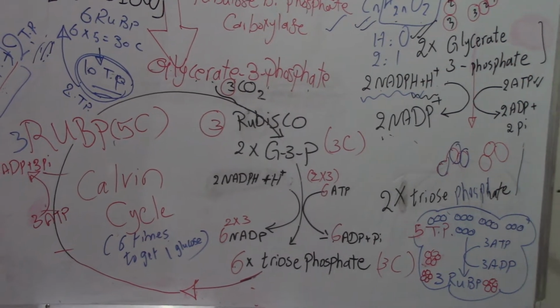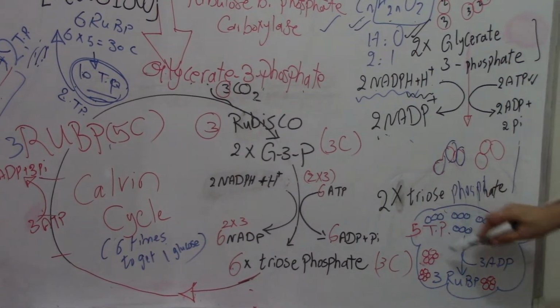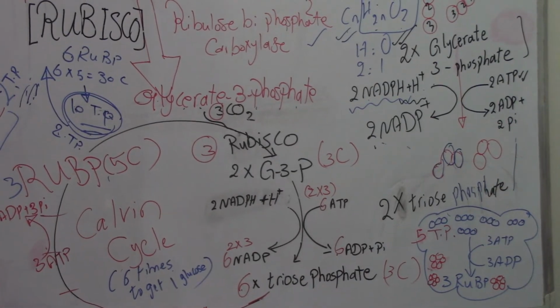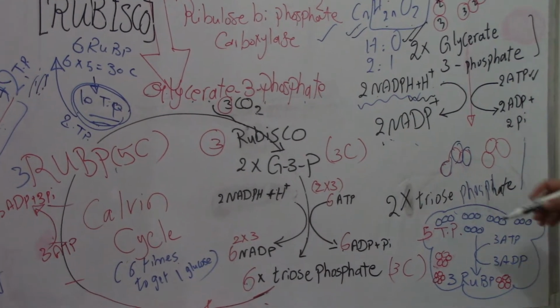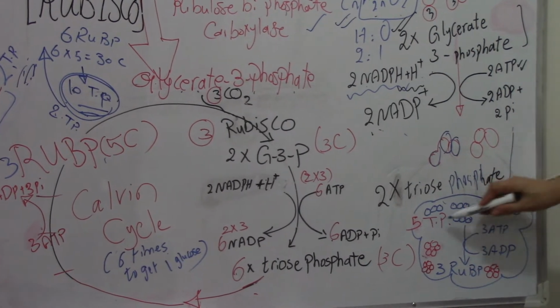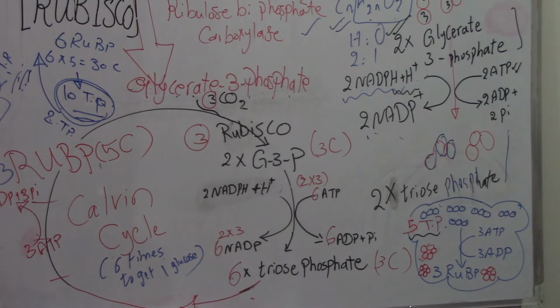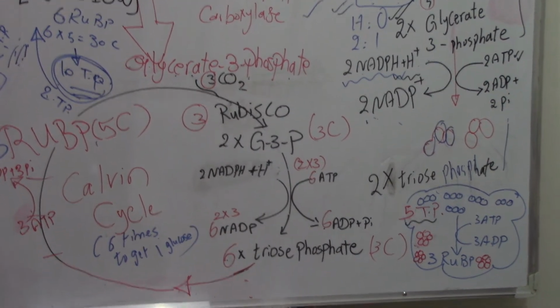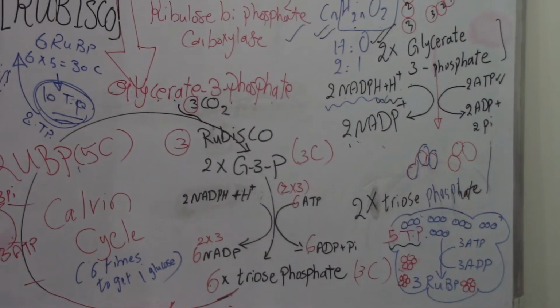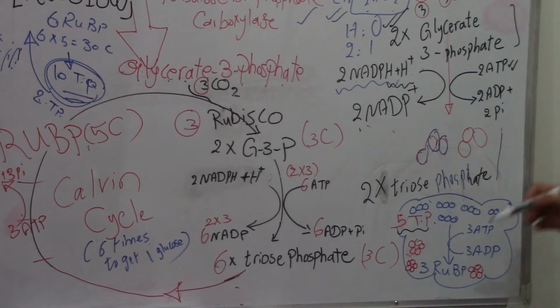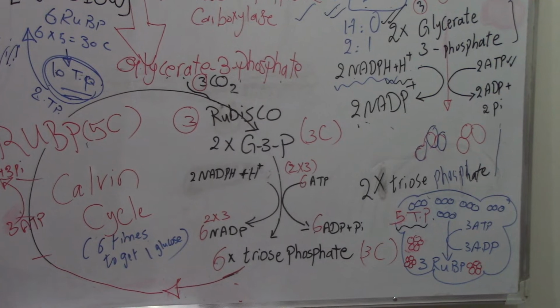Suppose we have 5 molecules of triose phosphate. Each one of them has 3 carbons. So 5 times 3, so 5 triose phosphates have 15 carbon atoms. So how many ribulose bisphosphate can they regenerate? Remember, ribulose bisphosphate has 5 carbons.